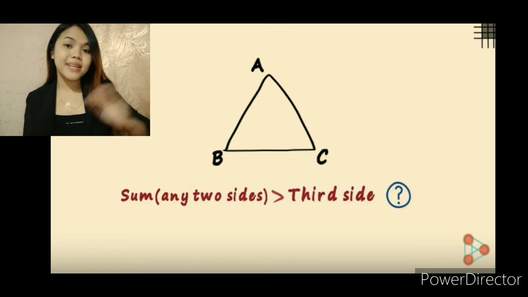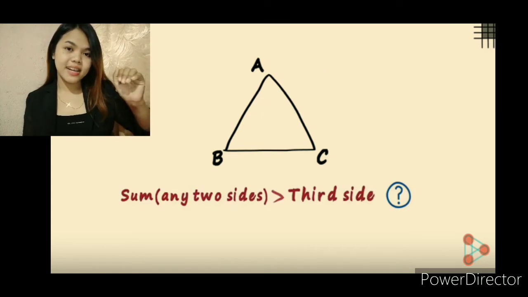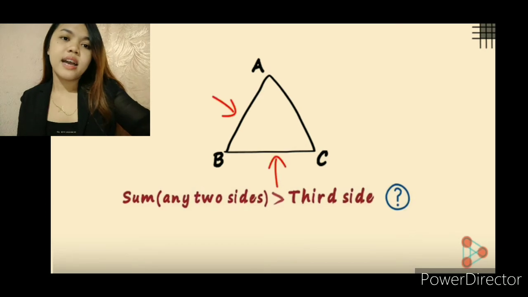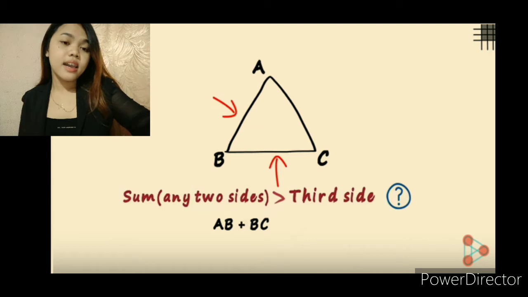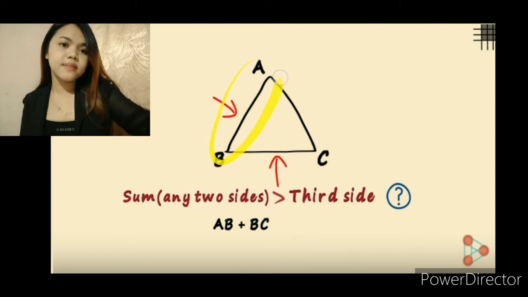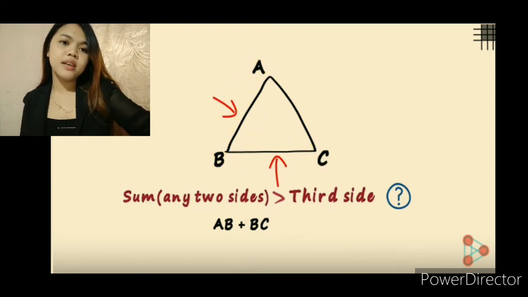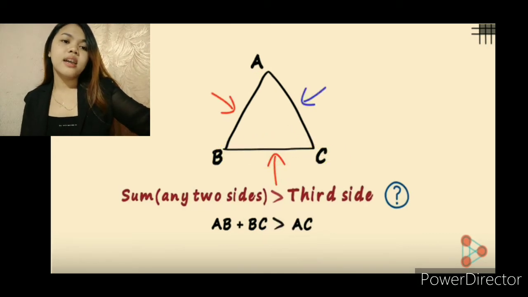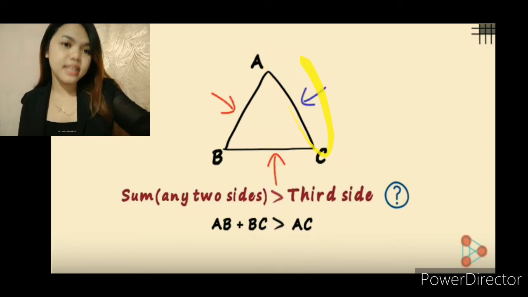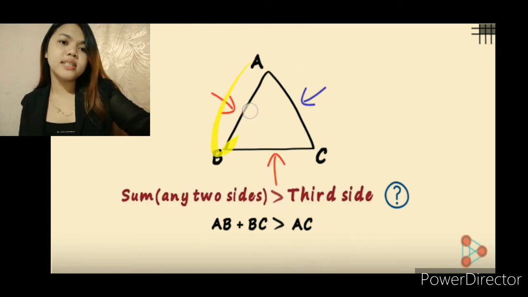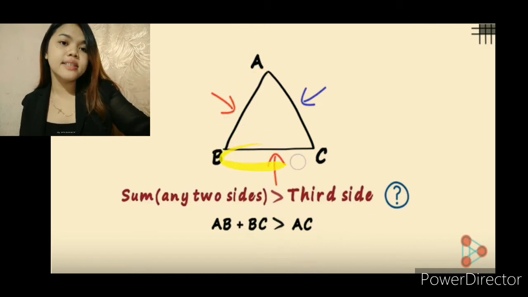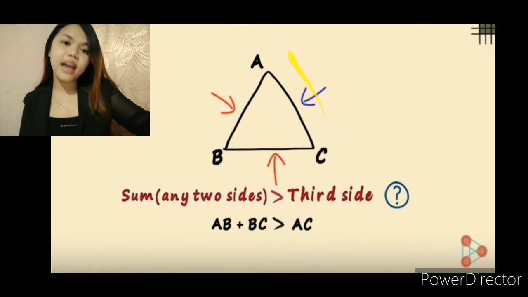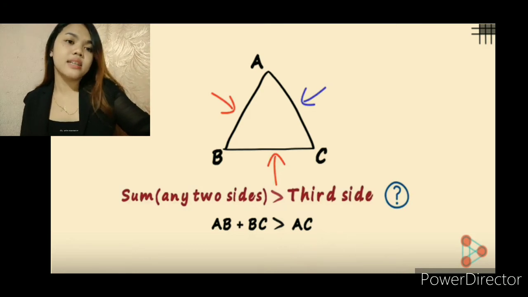AB, BC, AC. Let's have AB, one side, plus BC, another side, is greater than AC. So the sum of these two sides is greater than the third side. So AB plus BC is greater than AC.